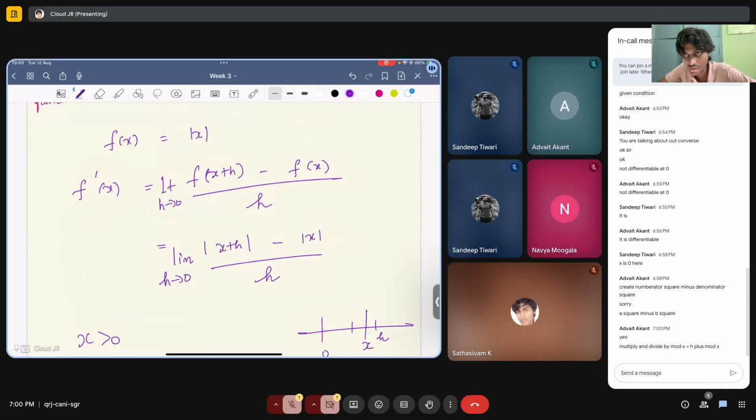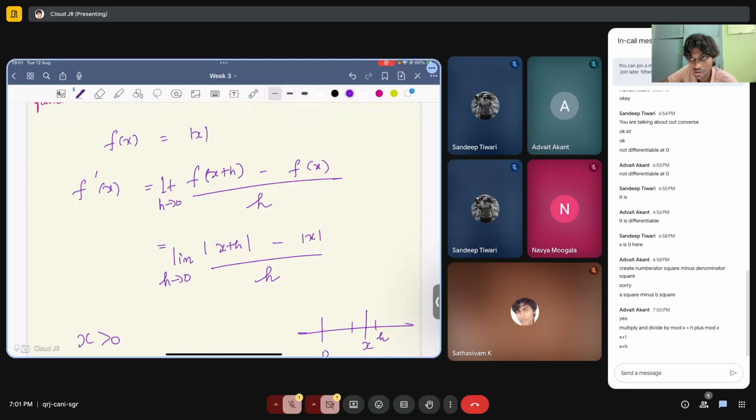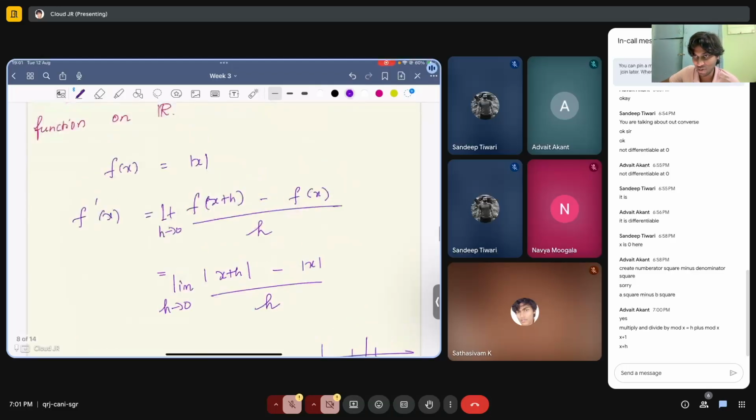Multiply and divide by mod x plus h plus mod x. Of course, there are many ways you can do this. I'm just using one way.